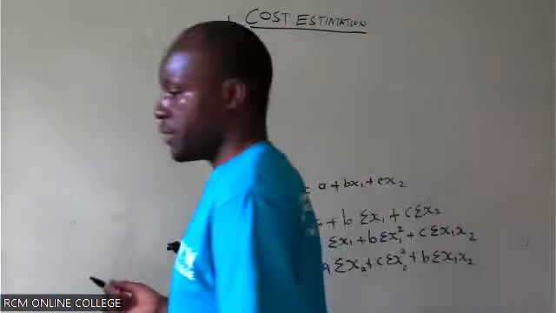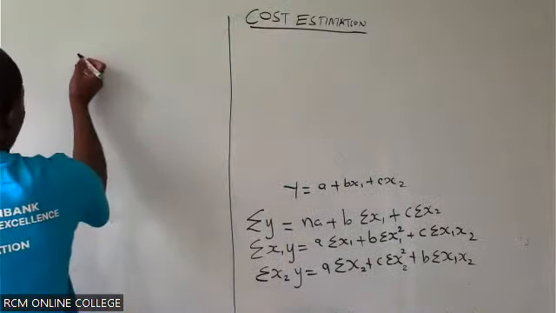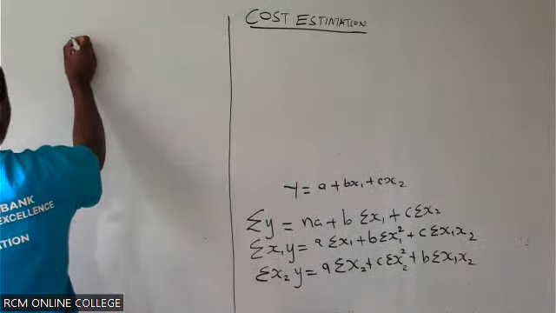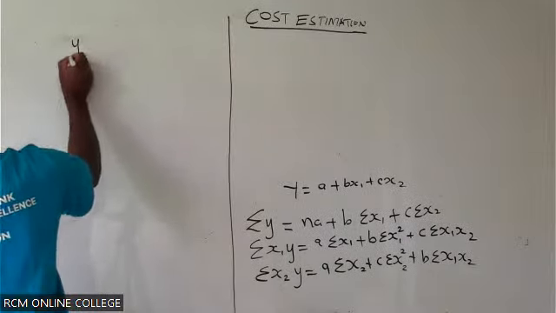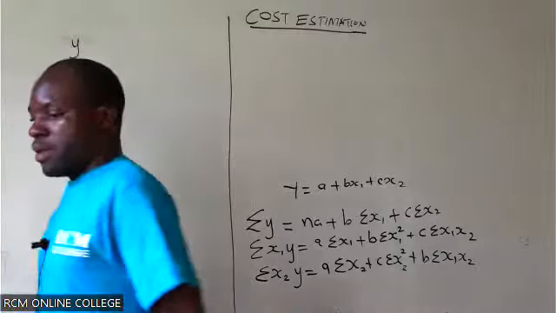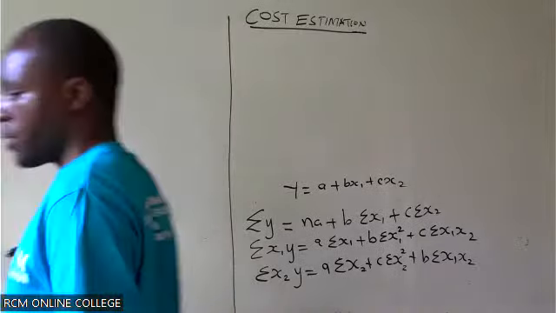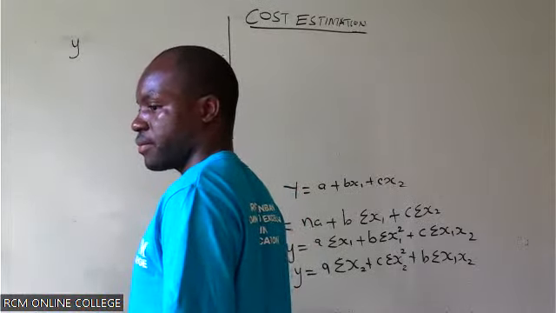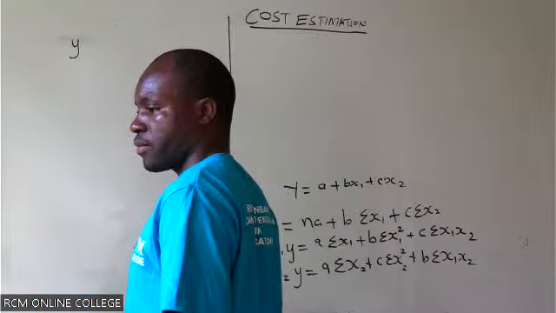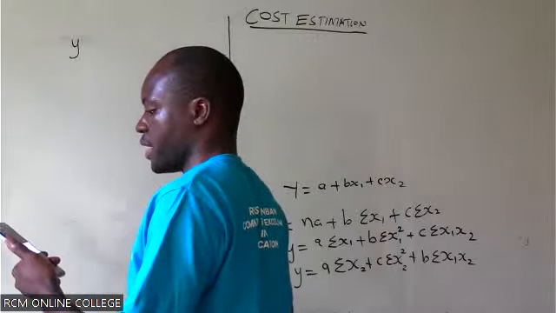Y is maintenance cost. Then after Y, what do we have? We have X1 and X2.